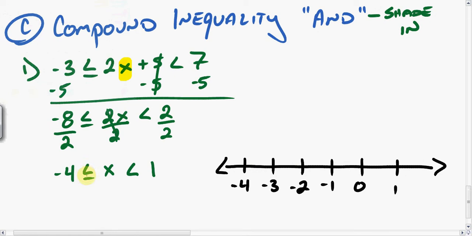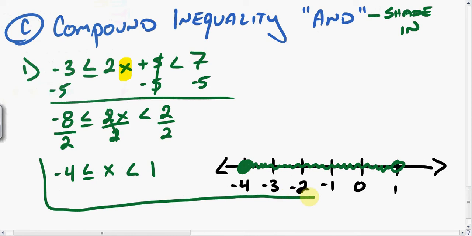So -4 is less than or equal to x, so what kind of circle do I have at -4? A closed circle. And I also have an open circle at +1, because x is also less than 1. And we know with the AND inequalities we're going to shade in. And we're done. This is our solution.